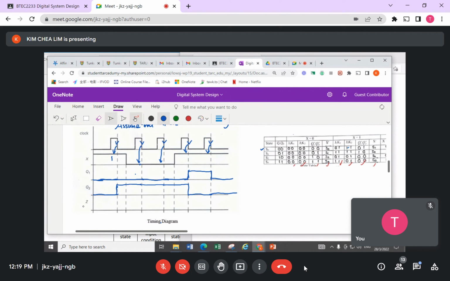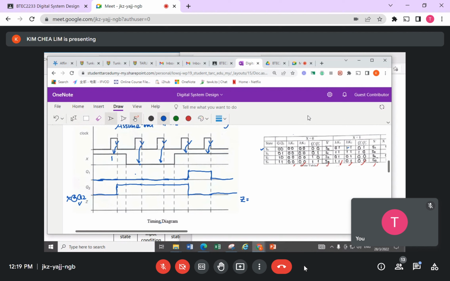And one more I need to show is the Z. What is the Z condition that we had just now? Z is given as, maybe I put here, Z is X XOR with Q2. And Z in this case is combinational.